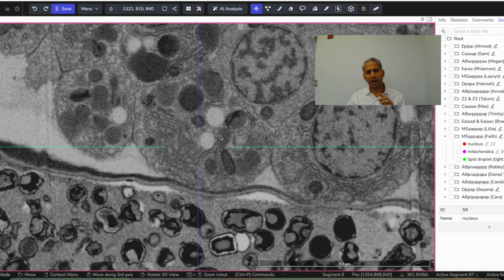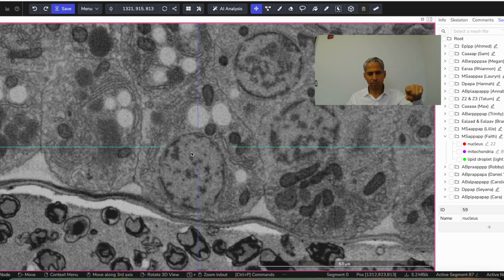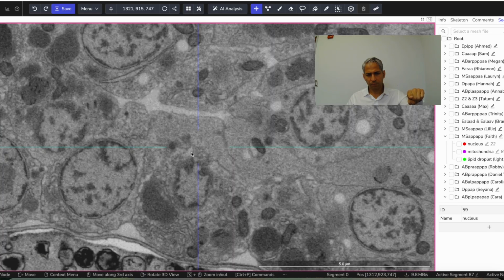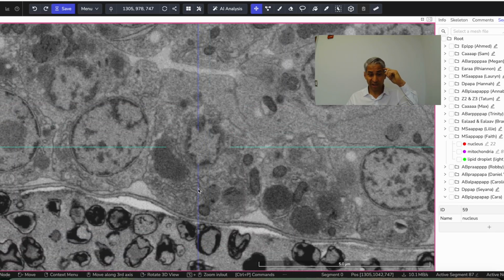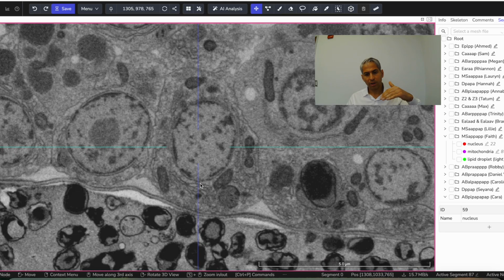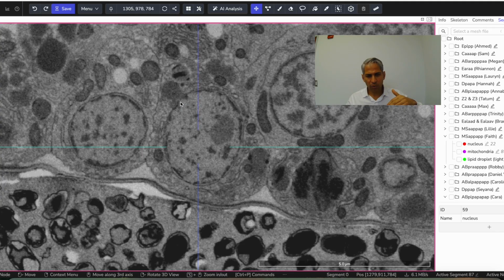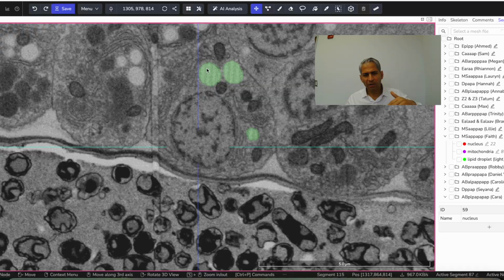So I'm going to, on the fly, formulate a hypothesis. Endoplasmic reticulum is asymmetric in that it is more towards the right side. Now I'm going to test it by scrolling a little bit more and see if that holds true. I think it's holding true. There's a lot of endoplasmic reticulum on the right side. Now it's true that I have endoplasmic reticulum here as well and here as well, but let's look on the left side.